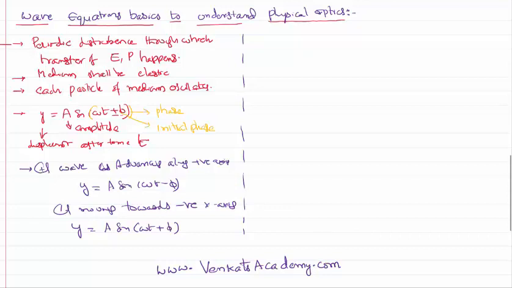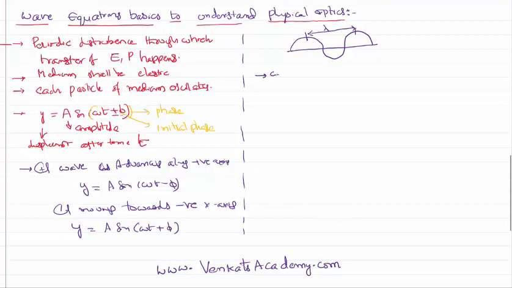There are different kinds of waves. If you consider a simple, say, transverse wave, this is called a crest, this is also called a crest. The distance between the two identical points is called a wavelength, lambda. Both of them are in the same phase.